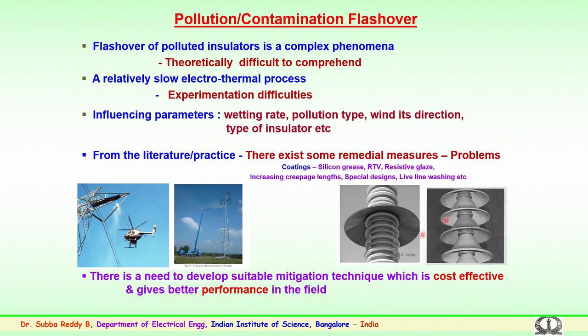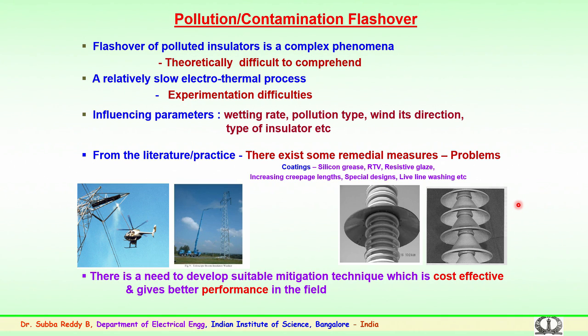And the influencing parameters, as mentioned, are the wetting rate of the insulator, whether mist, fog, light rain or drizzle, the pollution types, what type of pollution or contamination is spread on the surface of the insulator, the wind and its direction also play a role.